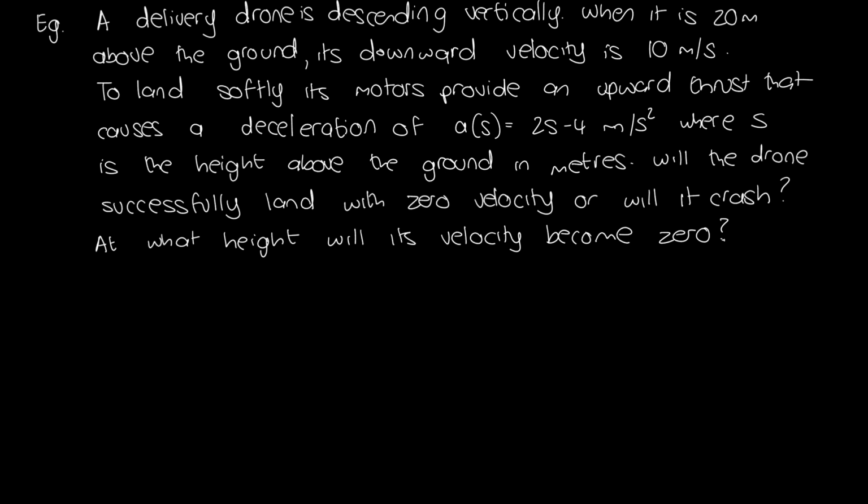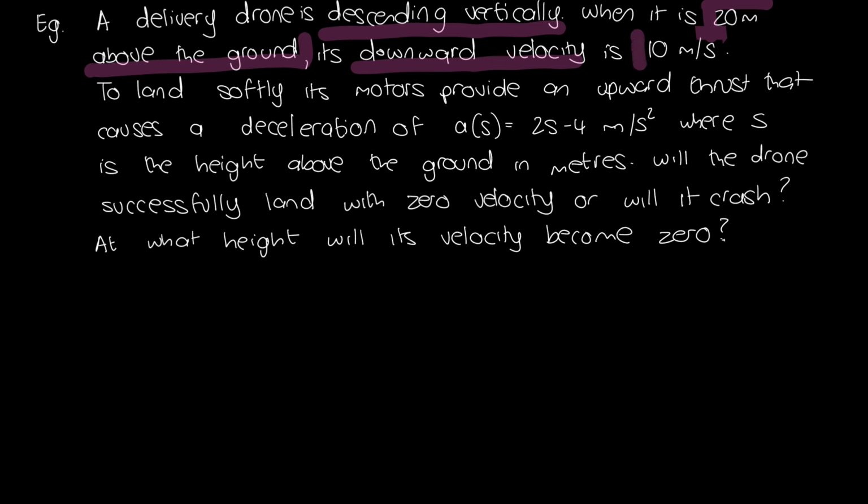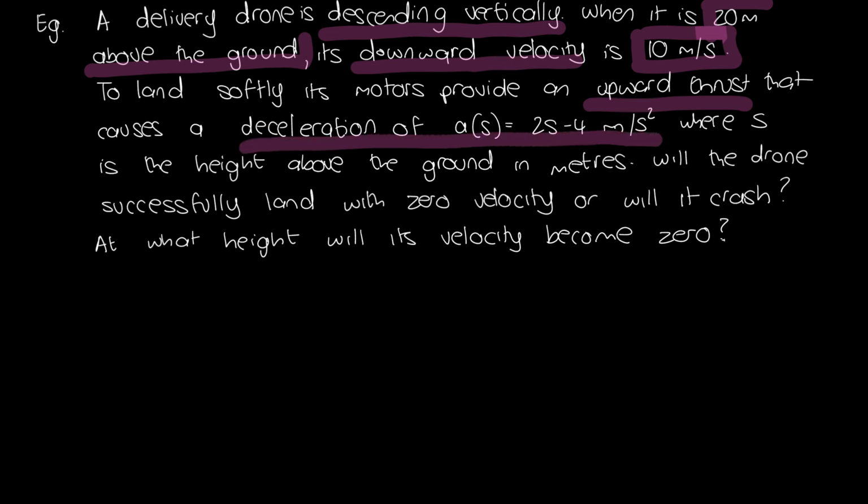So the first thing we're going to do here is highlight the information that we have. We have that the delivery drone is descending vertically, so that's going to be important. And when it's 20 meters above the ground, its downward velocity is 10 meters per second. Then, to land softly, its motors provide an upward thrust, which causes a deceleration of a(s) equal to 2s minus 4 meters per second squared.